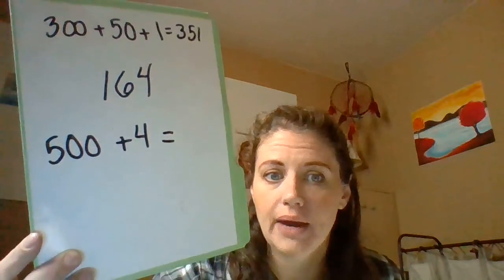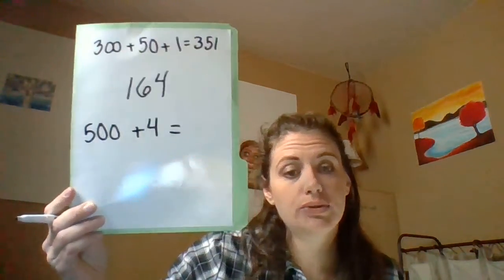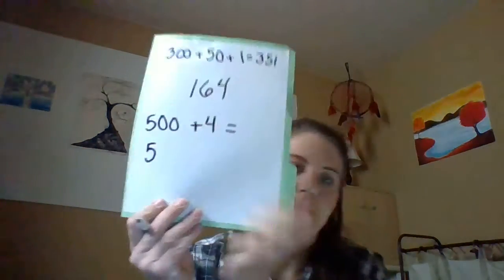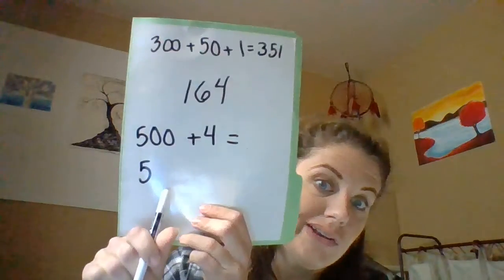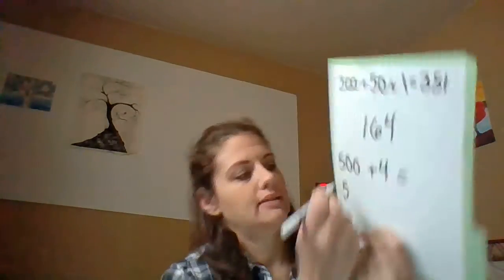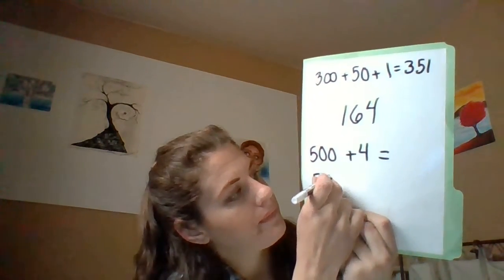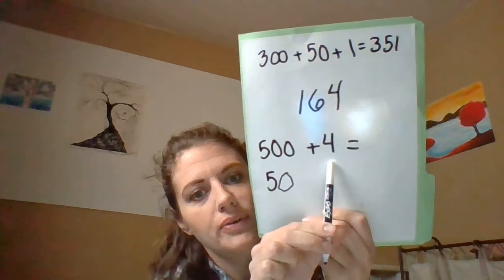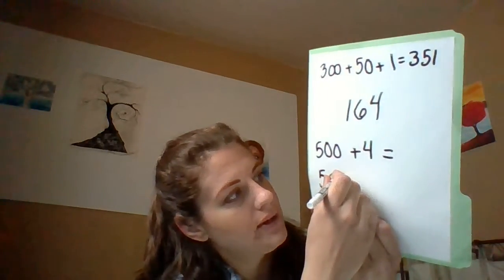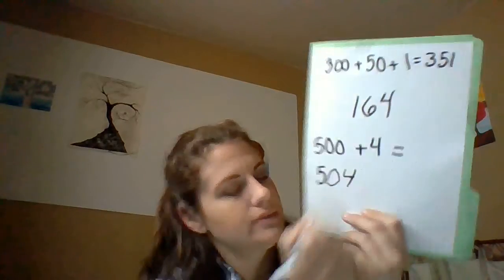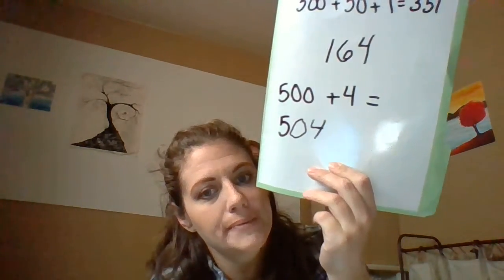There's no tens in that one. So there's only 2 numbers in the equation. So if there's 5 hundreds, that would be my first number, and no tens, that would be a 0, and 4 ones, that's our last number in the ones place, 504. Okay? All right, that's another tricky one.